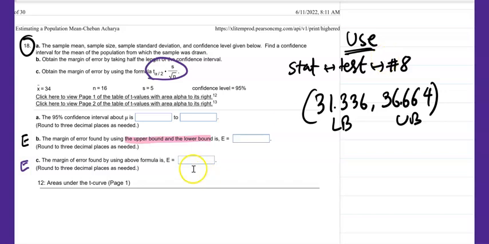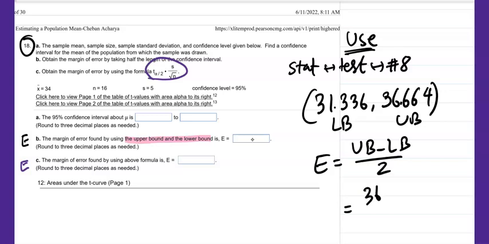So part B says find the margin of error by using the upper bound lower bound formula. So E equals upper bound minus lower bound divided by 2. That's the formula. 36.664 minus 31.336 divided by 2.